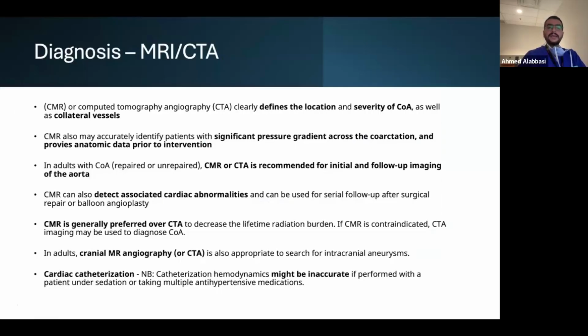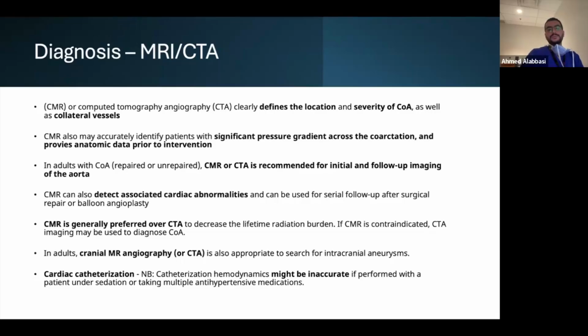MRI or CTA is looked at more frequently in these patients, and it's able to clearly define the location, the severity, and even look at the formation of collateral vessels. You may be able to identify patients who have significant gradients across this, which may provide you some anatomic data prior to the intervention.